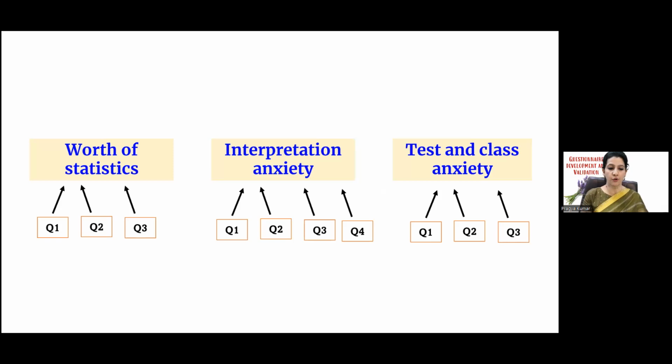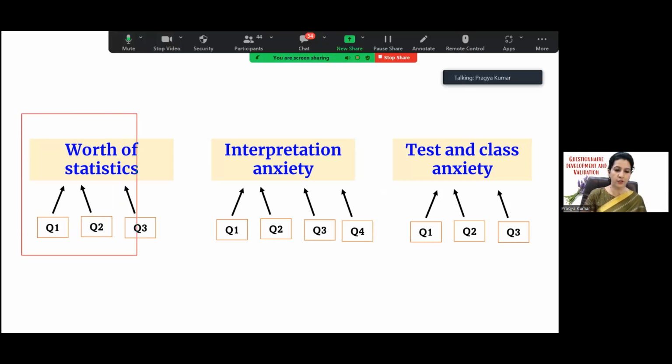So in one domain, if you are focusing on worth of statistics, then item 1, 2, and 3, there should be a high correlation between these. Similarly, the correlation between Q1, Q2, Q3, and Q4 should be very high.